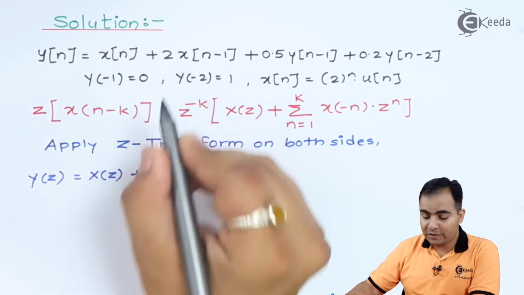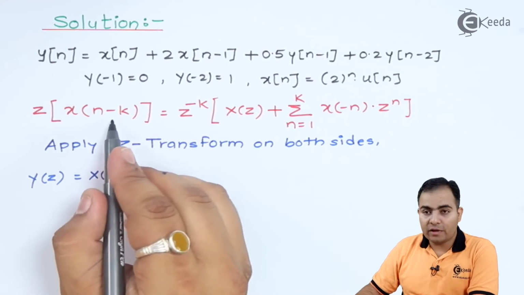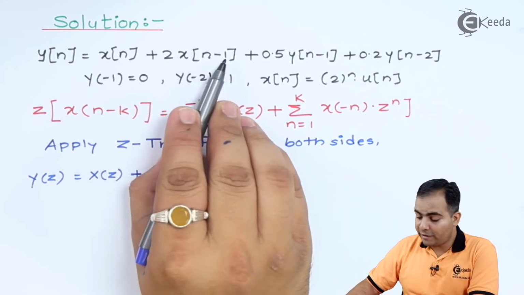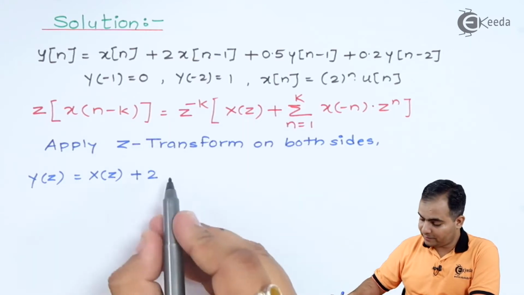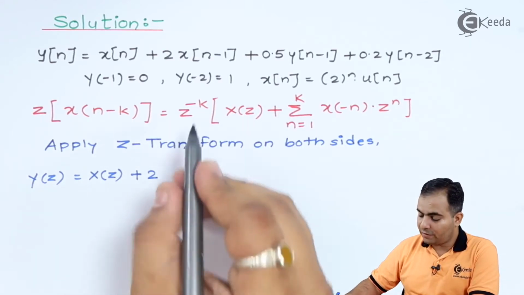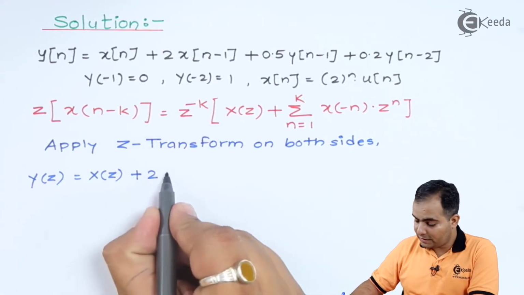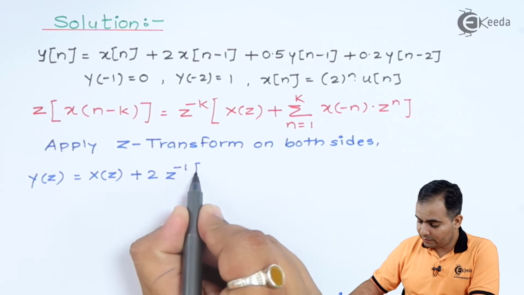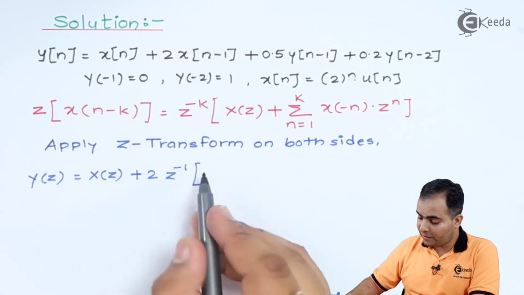Now here the 2 is a constant, so I'll write it first and then we will use this formula. Here the function is delayed by 1, so we will replace all the k values by 1. So first of all we'll place here z to the power minus 1. The first one is here the function is x of n, that's why we can write x of z.